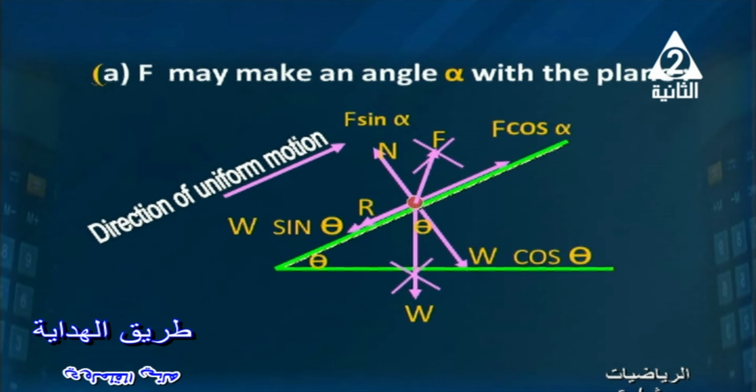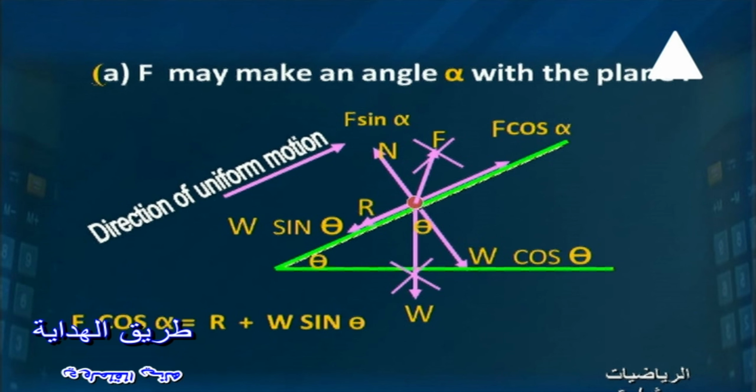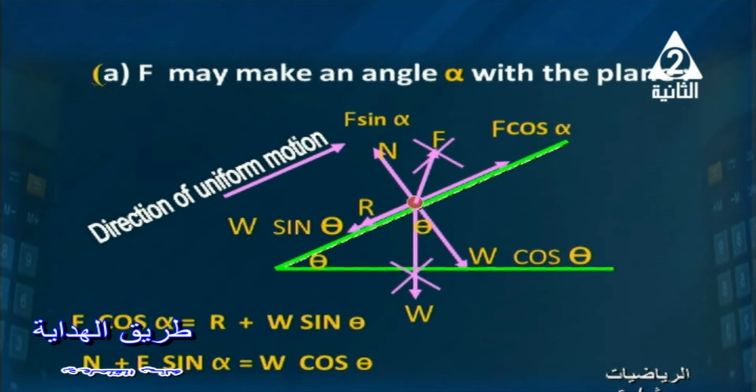If the direction of motion is upwards, then the resistance force is in the opposite direction of motion, so it is parallel to the line of the greatest slope downwards, and we get the two equations: F cosine alpha equals R plus W sine theta, and N plus F sine alpha equals W cosine theta.